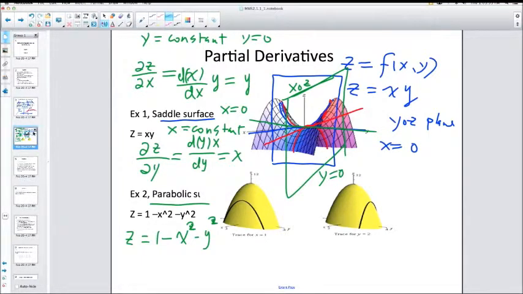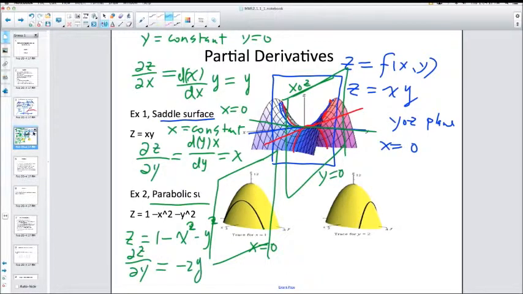So if I take x equals 1, and cut the surface with the plane in this direction, I get this black curve here. Since x is a constant, I can take the derivative with respect to y, and it is going to be negative 2y.